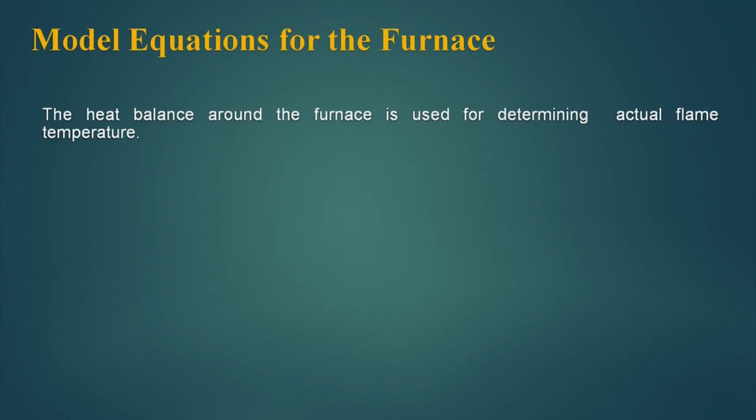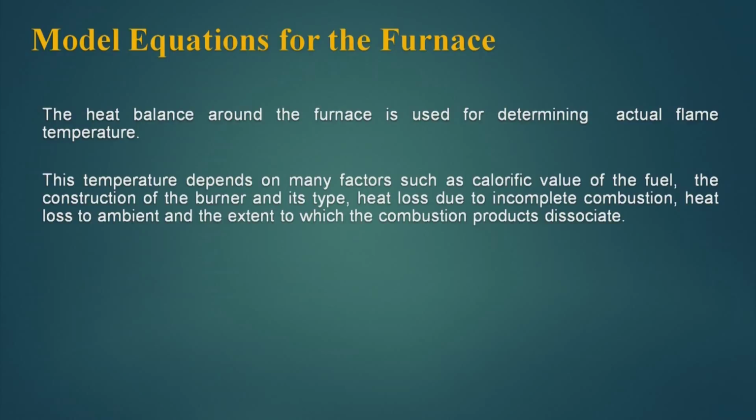Now, let us build the model equations for the furnace. If we take the heat balance around the furnace to find out the actual flame temperature, this temperature depends on many factors such as the calorific value of the fuel, the construction of the burner and its type, heat loss due to incomplete combustion, heat loss to ambient, and the extent to which the combustion products dissociate.